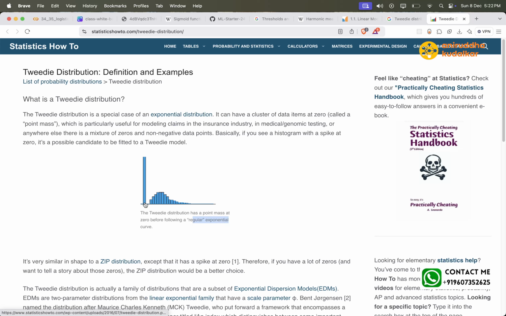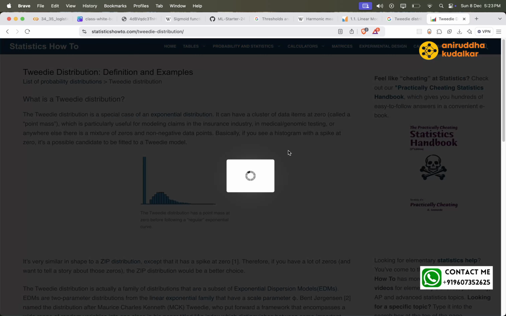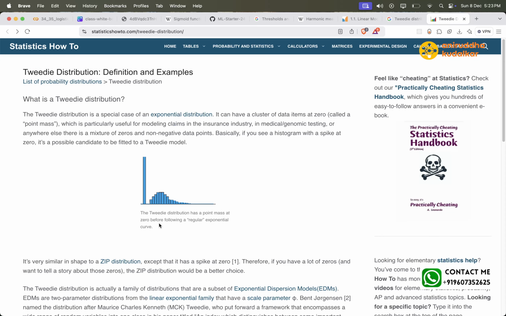It has a point mass, something bigger over here. Your point mass means that at this point a lot of data points are aggregated. Immediately you should get to know which algorithm to use: the Tweedie distribution. Now your EDA is showing you that data points are spread across like this.